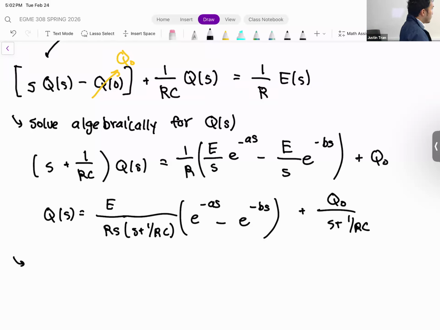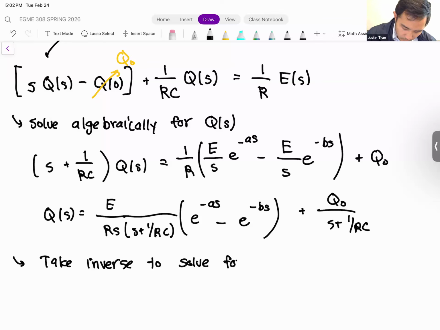And then the last step that we have here is we need to take the inverse.